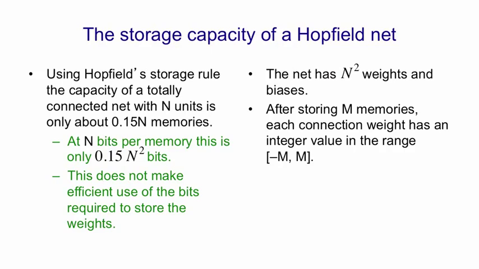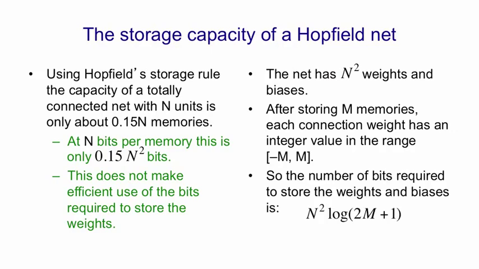But ignoring that, the number of bits it would take us to store a connection weight in the naive way is log 2m plus 1, because that's the number of alternative connection weights, and that's a log to the base 2. And so the total number of bits of computer memory that we use is of the order of n squared log 2m plus 1.